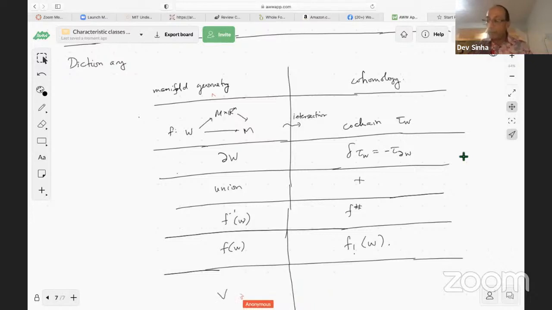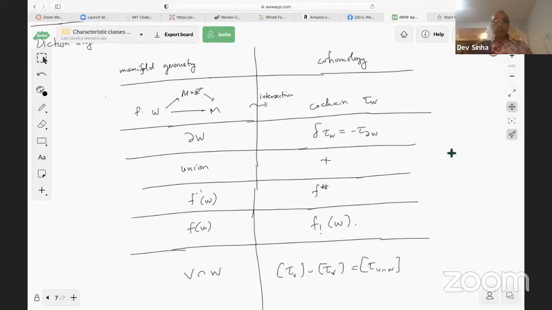And then the deeper part of the story, the more involved part, is you can look at intersection, and you have the fact that tau v cup tau w, I'm assuming that these have no boundary, is tau of v intersect w. So you've got these submanifolds, you can take their union, you can take their intersection, that's all well and good. But the fact is that any submanifold has a normal bundle.